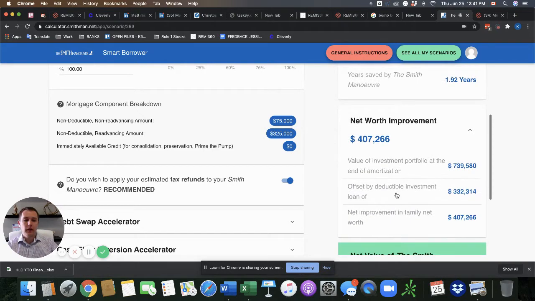And what I mean by that is you will still have a debt at the end of the 25 years, but this debt will be a good debt. So you will generate investments over the term of your mortgage, which is 25 years, and your portfolio will look like about $740,000.